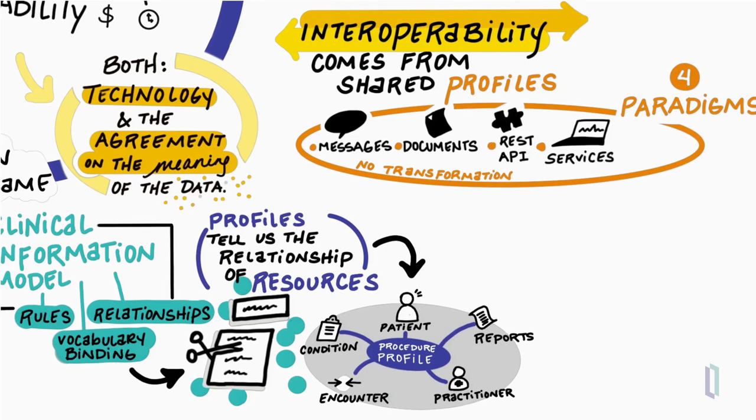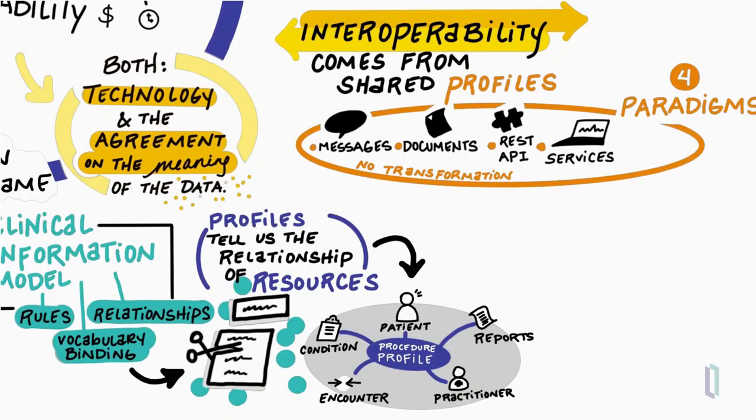And for many procedures, there is a diagnostic report that is the results of the procedure, the FHIR diagnostic report resource. So the profiles of all of those FHIR resources would be what you need to customize FHIR to use in a particular procedure and make it interoperable so that the systems that are exchanging that data can understand it.